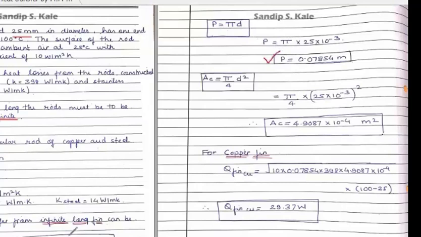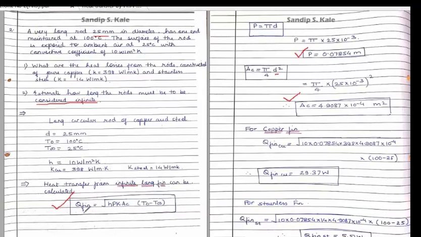Similarly, the cross-sectional area is pi by 4 D square. The diameter is given in the numerical, 25 mm. So just substitute the value, you will get the value of Ac. In this way, we have found the value of Ac and the value of P. The values of h and k are already given. Now we will apply this formula first for copper and then for stainless steel and find out the heat loss.